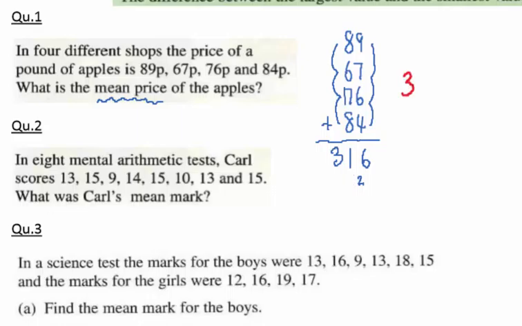We'll now take our 316 here, divide it by 4 because we got 4 pounds of apples. 4 into 31. Well, 4 7s will give me 28, and 4 8s will give me 32. So 8's too big, so I'm going to go for 7. 4 7s are 28. That gives me 3 left over. I'll carry that 3. 4 into 36, well 4 8s are 32, 4 9s are 36, so the answer is 79 pence is the mean average.